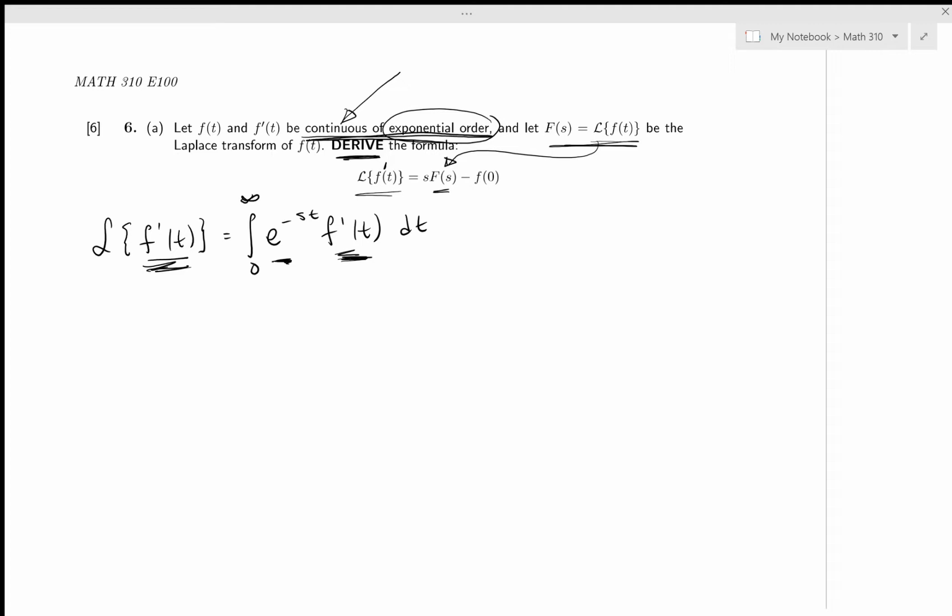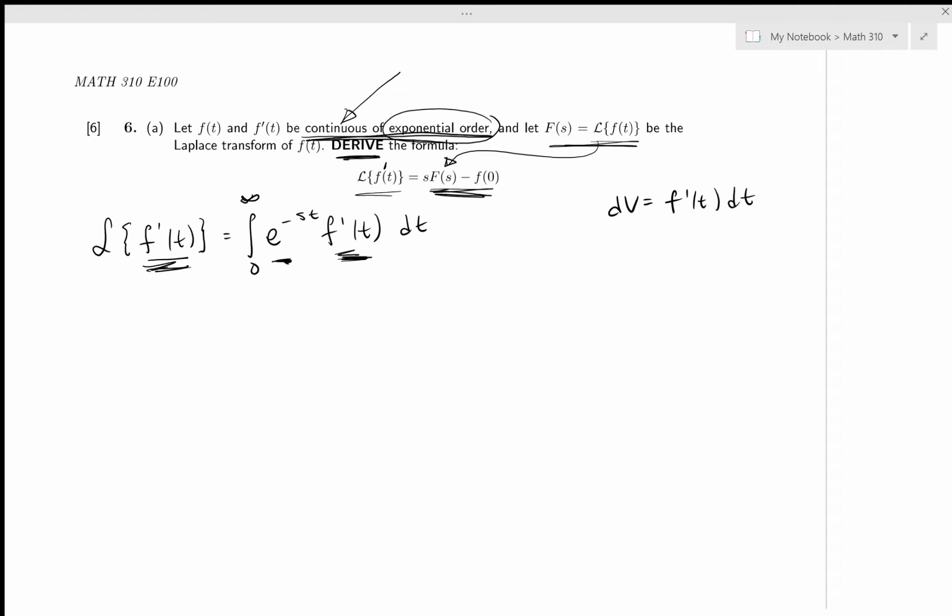I am choosing to assign dv equals f prime at t because I do not see the second derivative in the formula that I'm trying to show. I don't want to assign u to be f prime at t, because then when I take the derivative, I'll get f double prime, and that just seems to be complicating the matter.